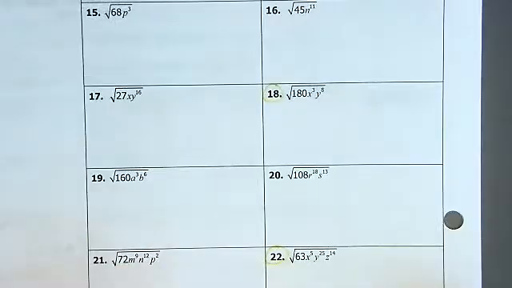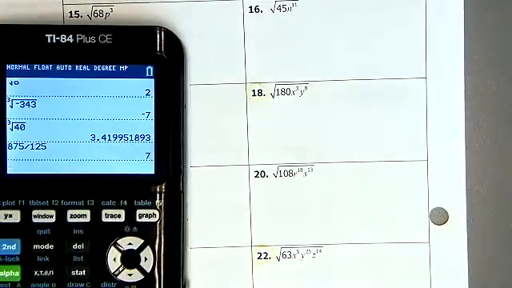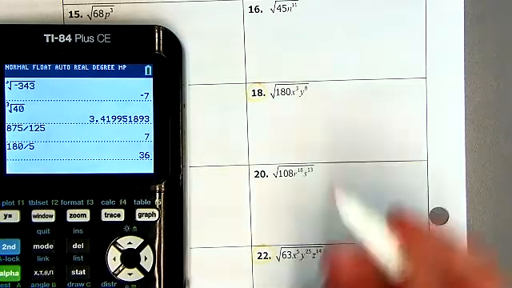Number 18. I've got to think about 180. How do I want to break it up? Well, I know it ends in 0, so it could be divisible by 10, but 10 and 18, neither one's a perfect square. Let me go a little bit smaller, because if it ends in 0, it's divisible by 10 and 5. If I do 180 divided by 5, I get 36. That's a perfect square.